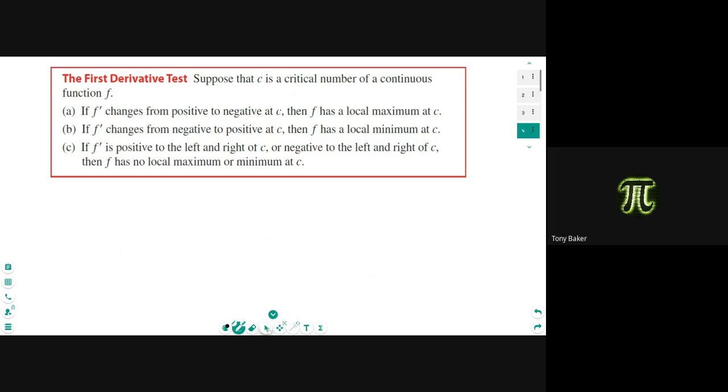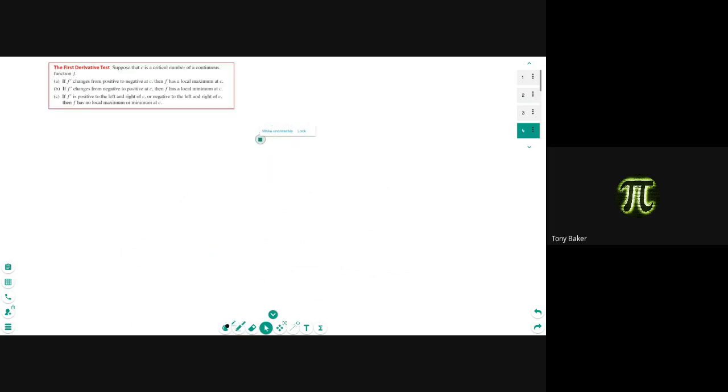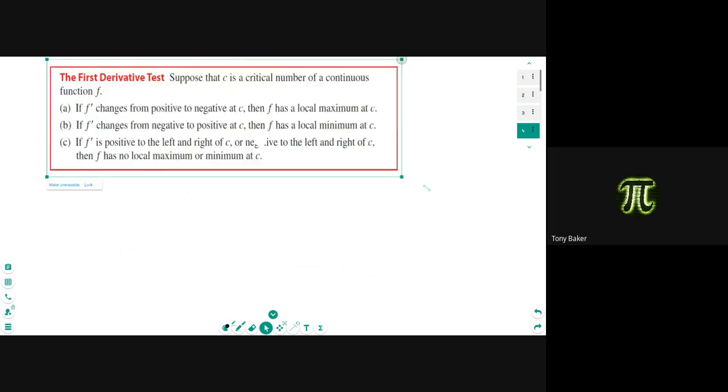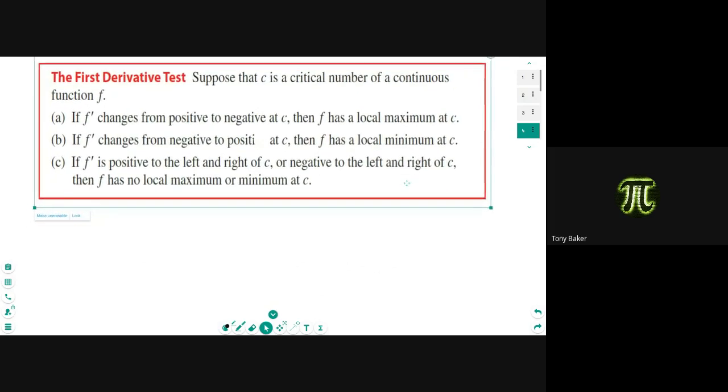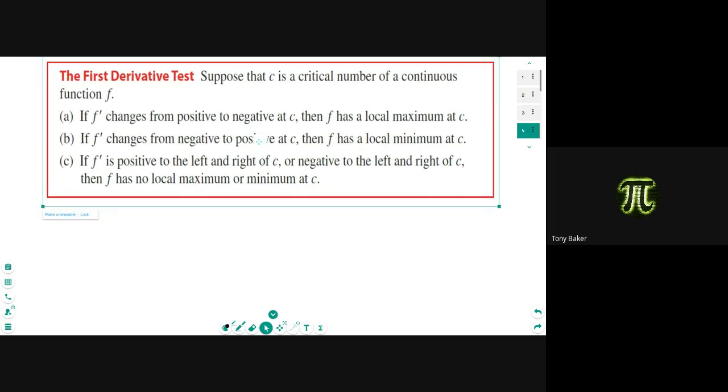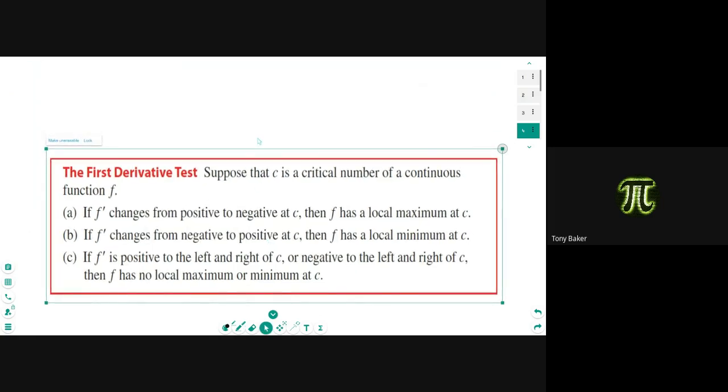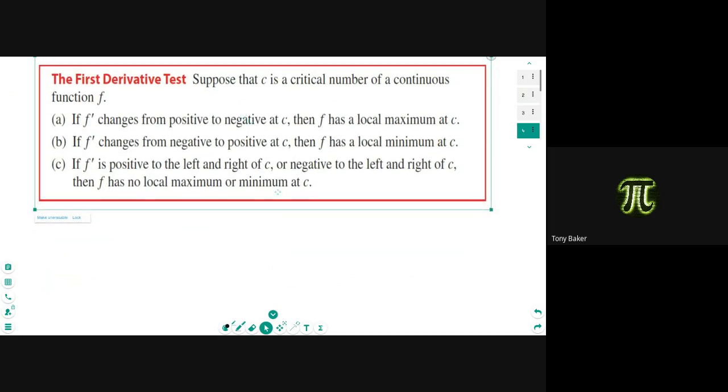First derivative test. What the heck is that?